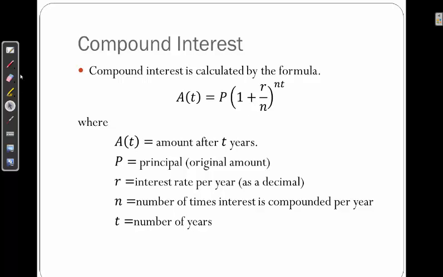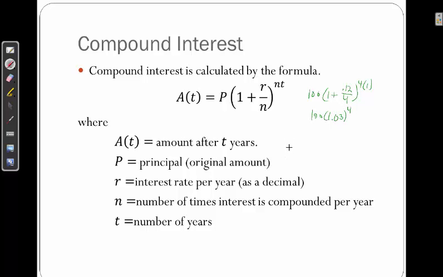So let's actually do the problem I just made up. So if I had $100 at 1 plus 12%, so 0.12 over 4 to the 4, and let's just do a single year. That would be 100 times 1, let's see, divided by 4, that'd be 0.03. So 1.03 to the 4th.